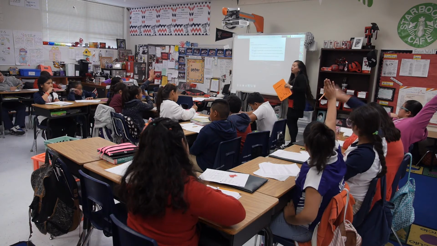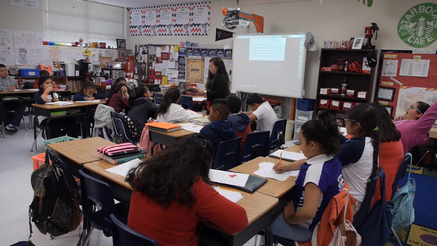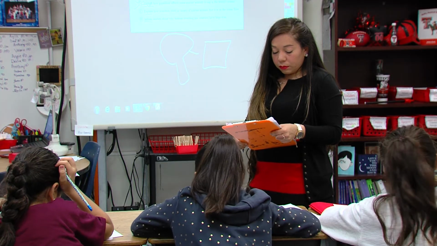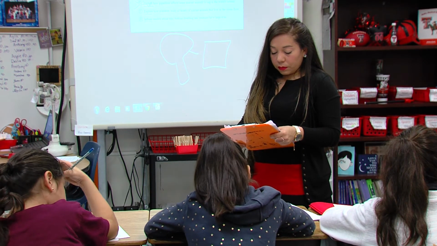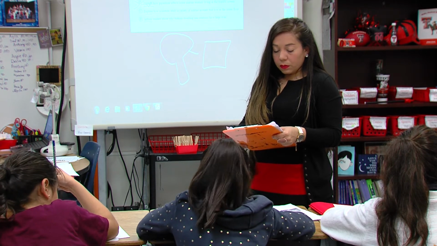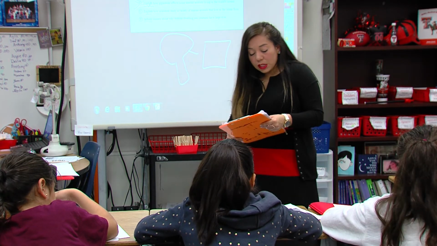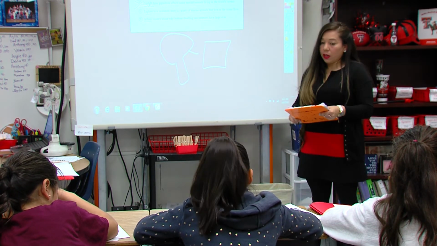Okay, so we eliminated B. Which other one could we eliminate? Marisa? C. Why did you eliminate C? Because this is a variety of marine animals that live on the ocean floor, and it talks about the marine animals on the ocean floor. Okay, so it wasn't saying how they study the animals, right?